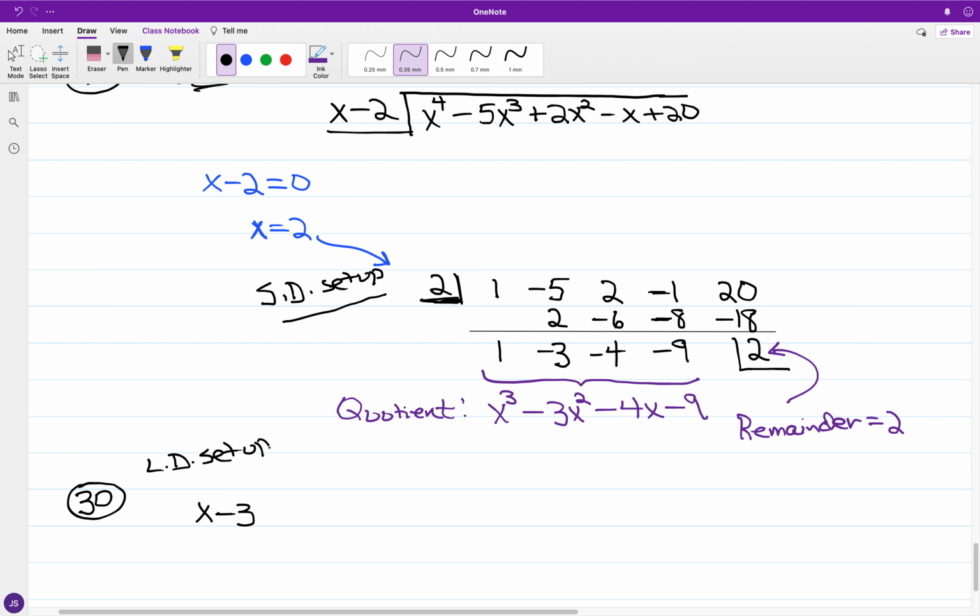Just for the long division setup, I have x minus 3 taken into 2x squared plus x minus 21.